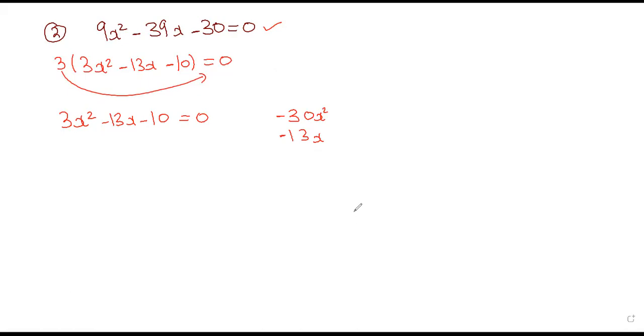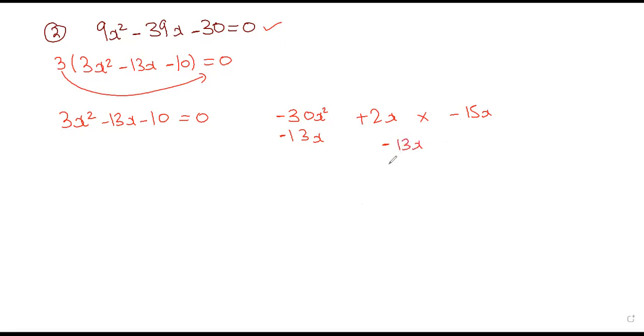It is easy. +2 and -15. Okay, plus 2 and minus 15. Let's check. If I take here plus 2x and I take minus 15x, when I multiply it, it would give me minus 30x squared. Very well done. And when I add it up, it would give me minus 13x.